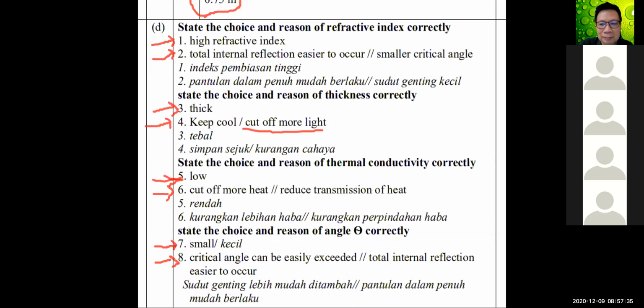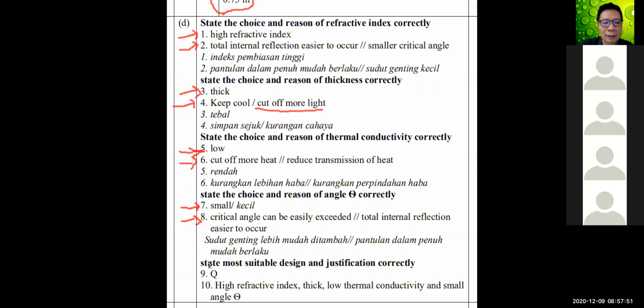Q is chosen because it has high refractive index, thick glass, low thermal conductivity, and small angle theta. Yes, very good. The last one is you state your choice, which one you choose. You choose Q. Q is the best because it has high refractive index, it is thick, it has low thermal conductivity, and small angle theta.